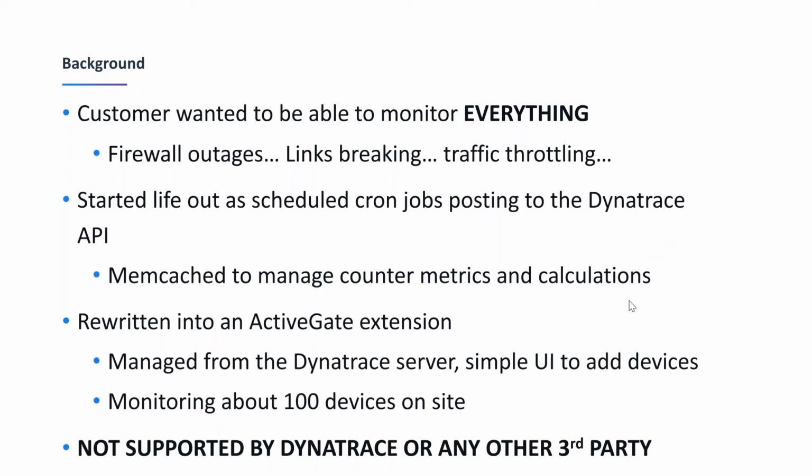It was very complicated, but it would then build up a custom device, post it through the Dynatrace API, and then cron or scheduled tasks would run to make sure that this runs every minute or every 5 minutes, etc. This worked, but we found it was very difficult to extend or to add additional monitoring to, and obviously you needed access to the server, you needed to SSH in, you needed to set up a cron job, you needed to rewrite a lot of the code if you were adding a new device, etc.